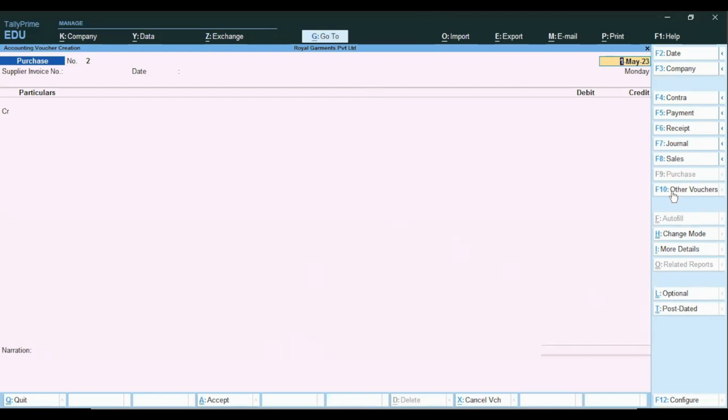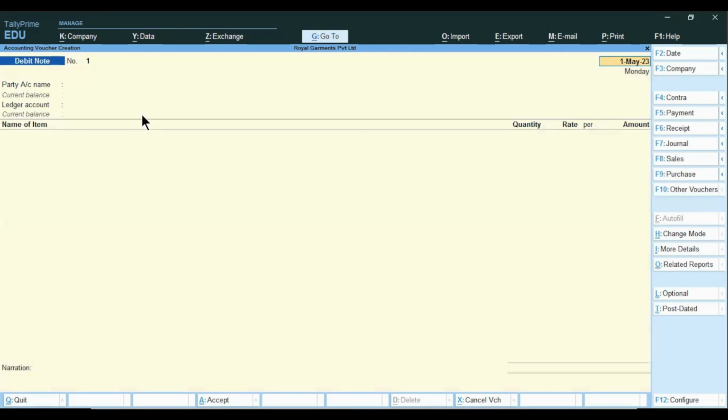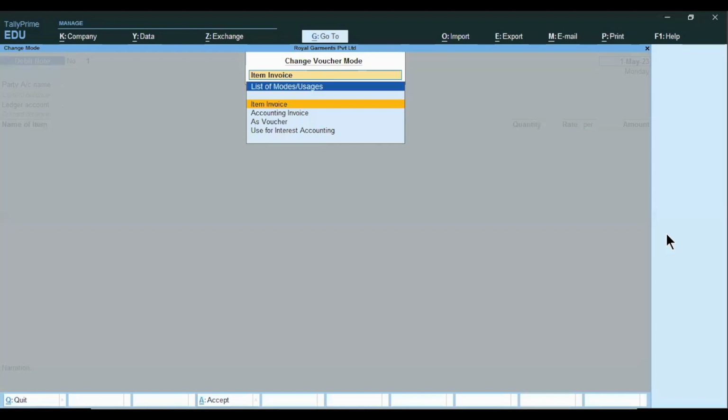So I'm clicking over here F10, and then use your arrow key to select the voucher type. We need to enter debit note, so I'm selecting debit note. Here also you will find the shortcut as Alt F5. So enter. This is again debit note in item invoice mode. We need to change it to voucher mode. So I'm again changing the voucher mode by pressing Ctrl H from keyboard or pressing change mode button.